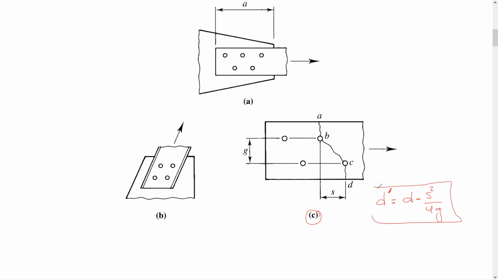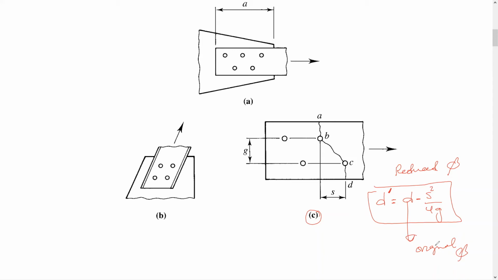So this is the reduced diameter, and this is the original diameter. Here, d is the hole diameter, as I mentioned.